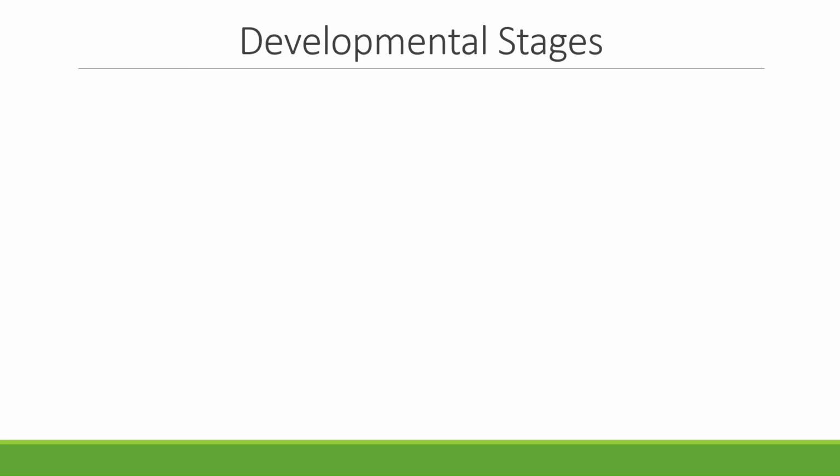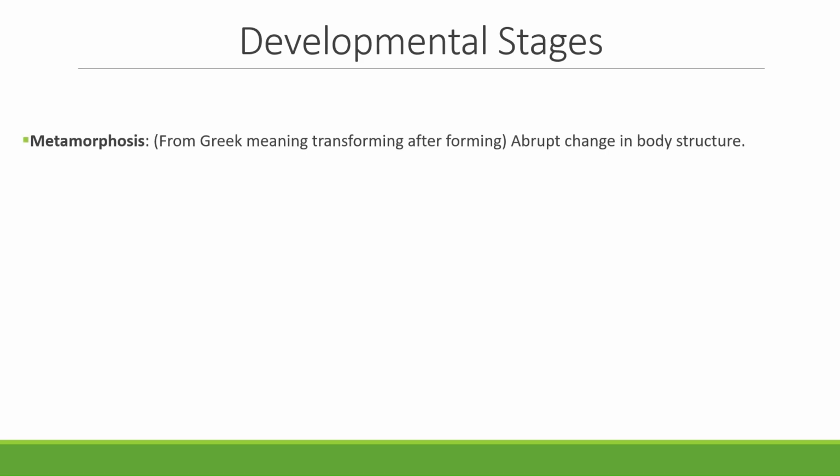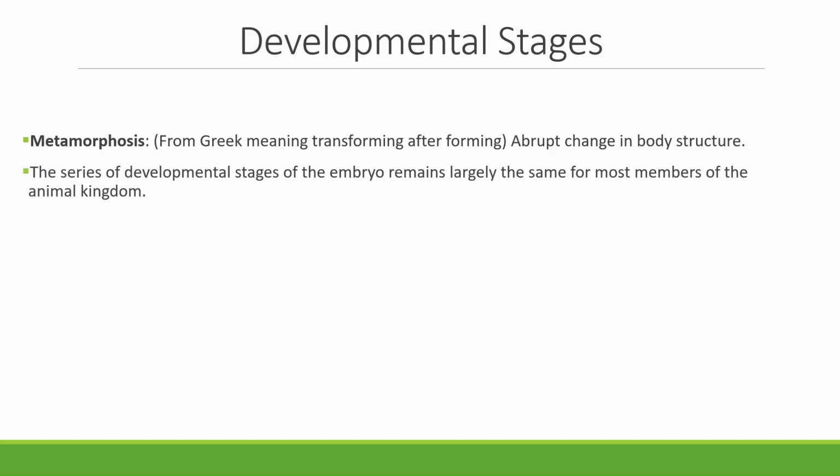Having examined how embryonic development establishes germ layers and body axes, let's turn our attention to the later stages of development. Many animals produce a juvenile stage called a larva that differs markedly from the adult in structure, function, and diet. Metamorphosis is an abrupt change in body structure that transforms the larva into the adult form.